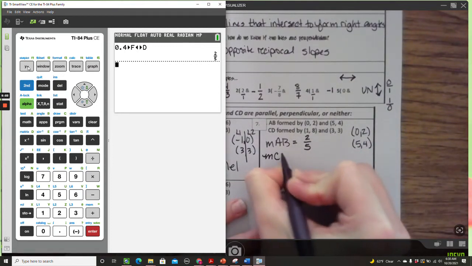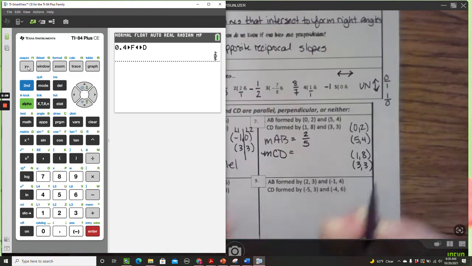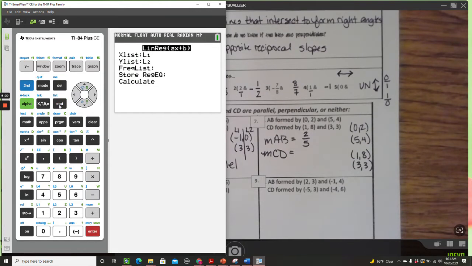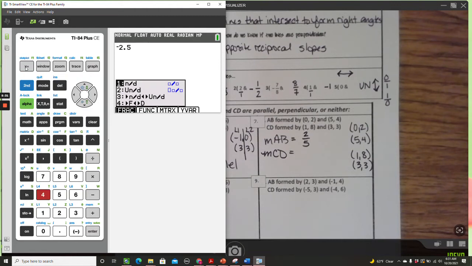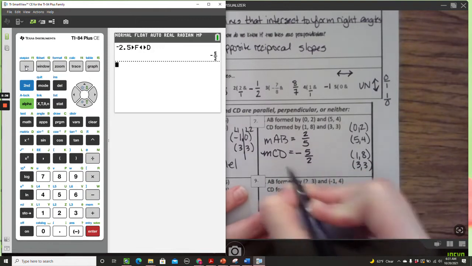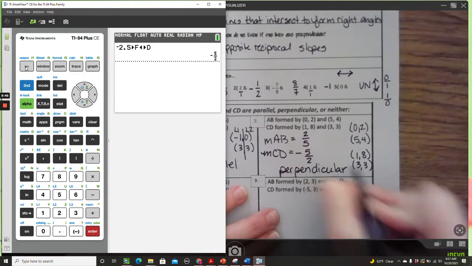And so the slope of CD, I've got 1 comma 8 and 3 comma 3. 1 and 3, 8 and 3, stat, right arrow key 4. Oh, didn't mean to do that. So I got negative 2.5, turn that into a fraction. I get negative 5 over 2. So these are negative reciprocals. So these are perpendicular lines.